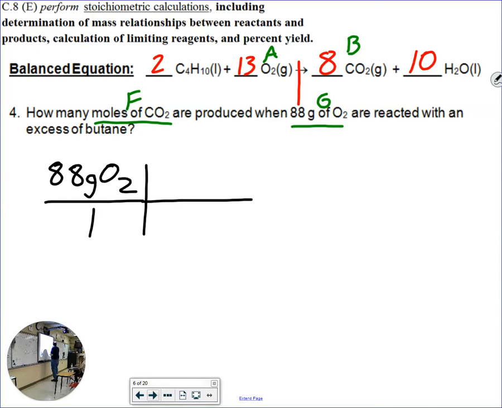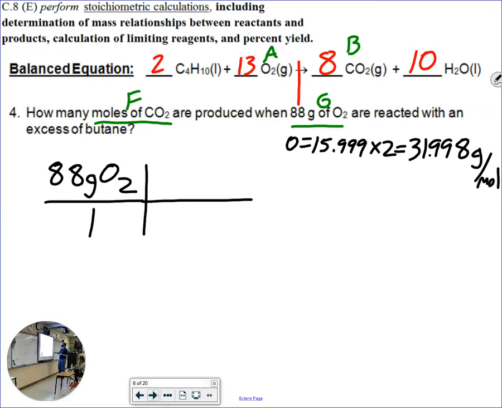Now O2 is pretty easy because oxygen is 15.999. I got 2 of them, so let's do times 2. That's going to be 31.998, is that right? Awfully close to 32 grams per mole. So I'll do 31.998 grams of O2 and 1 mole of O2.